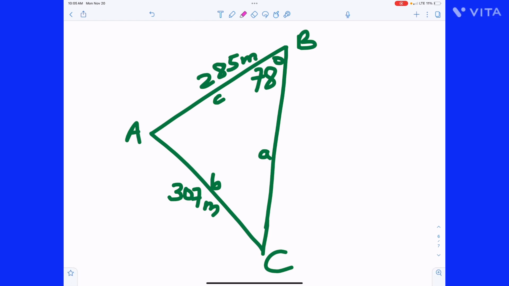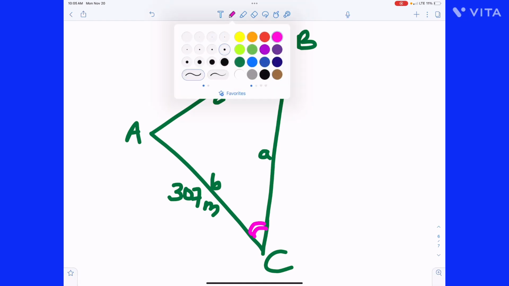First thing I want to get angle C first. So let's go ahead and do that. Using sine rule. What do I write?